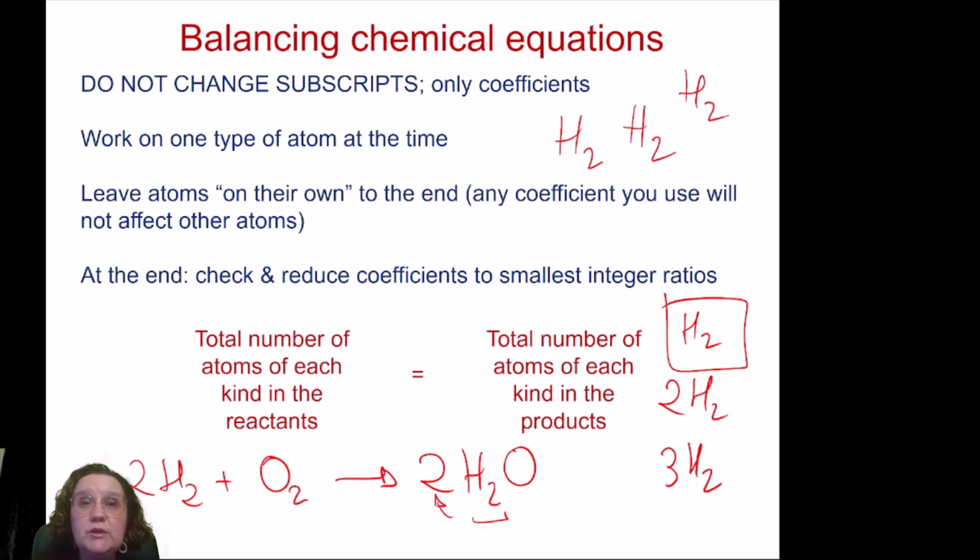You can have 1 unit or 2 or 3 or 20, but the compound is still H2. This 2 does not change. So when you're balancing a chemical equation, you never change the subscripts, because those are part of what the compound is. But you change the coefficient if you need to make sure that as many atoms and types of atoms you have on the reagent side appear in the product side.